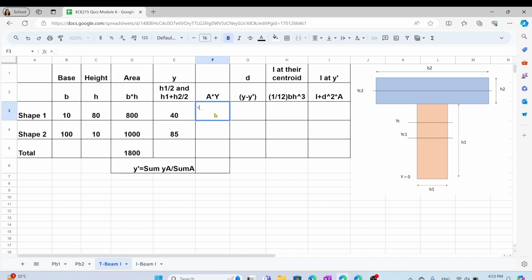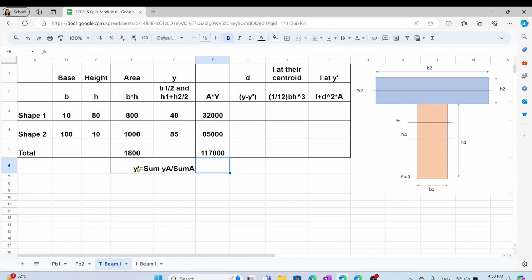So we will do A, the area, times the centroid. Enter. We don't need this one. Yes, we need the second one. I will drag them just to make sure I don't make a mistake. And yes, we want the sum of those two. So equal sum of this one, comma, this one, enter.